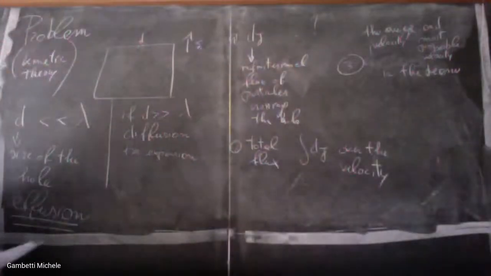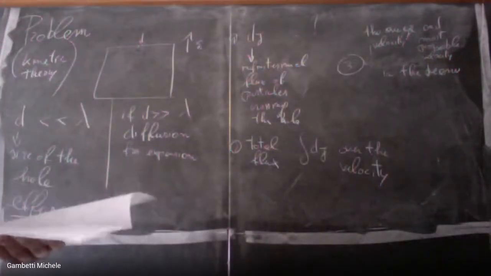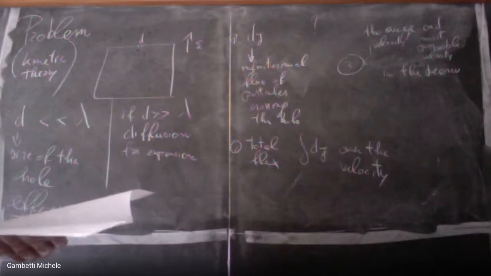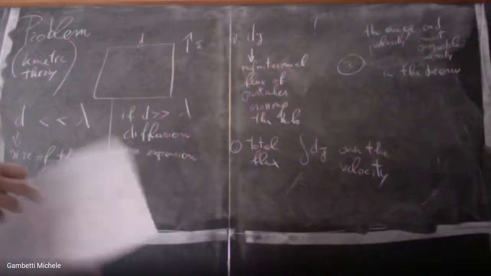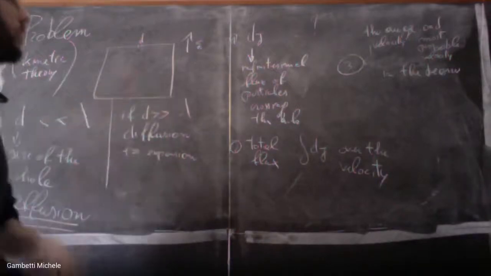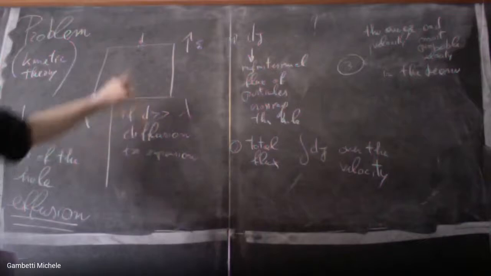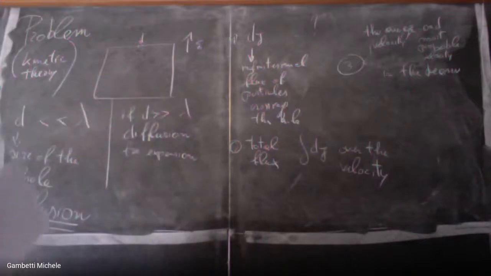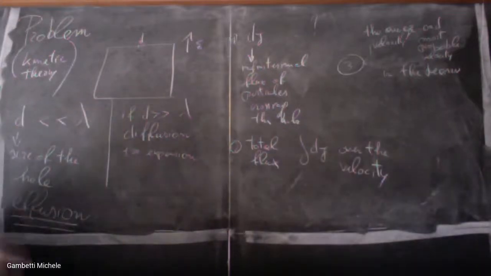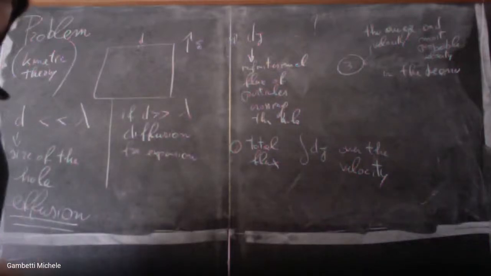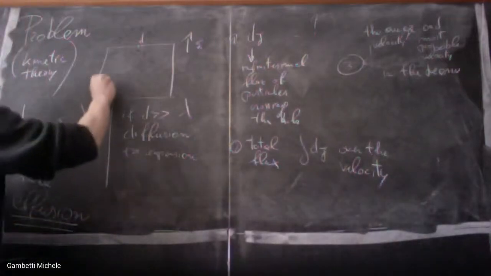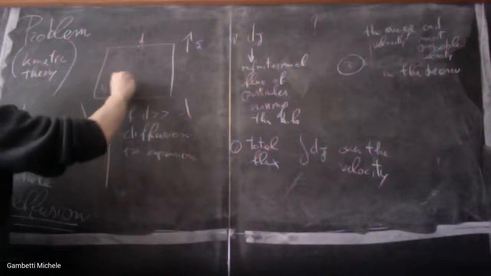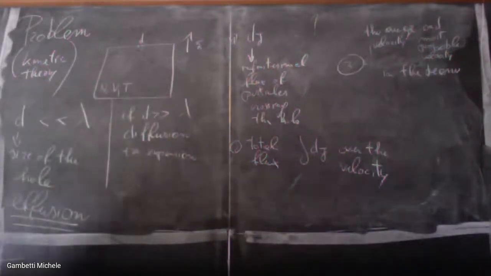Another thing that we can compute, but I'm sure that we will not have much time to do it today, is how the temperature inside the box changes as a function of time. So we can also introduce some temporal evolution of the system once we have a microscopic statistical approach. If I have n, V and T, I can also compute the variation of the temperature inside the box as a function of time, due to diffusion.